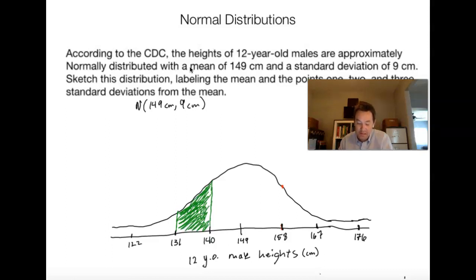And one thing I'll say is that since 140 is only one standard deviation, just based on the last problem we did, if I just pay attention to this area, I know that that is 16%, right? All right. Now, what I want to do is take off this area. So I'm going to subtract off whatever that red area is. So to figure out what that red area is, that's 2 standard deviations away.